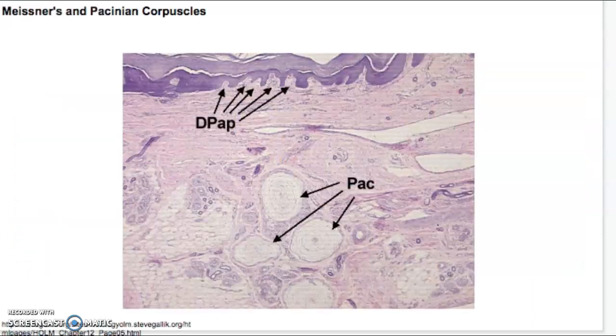And here's that slide with those Meissner's corpuscles and the dermal papillae and the Pacinian corpuscles. Those tactile corpuscles, or Meissner's corpuscles, are found up here. And the Pacinian corpuscles, look, it looks just like a thumbprint, are found at the dermis and hypodermis junction.